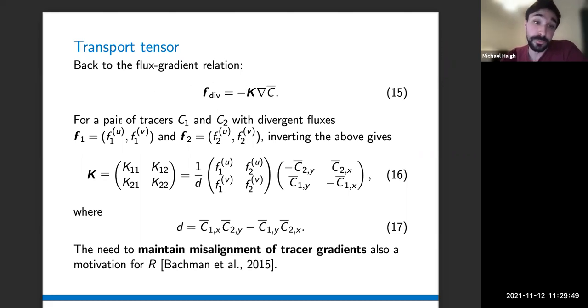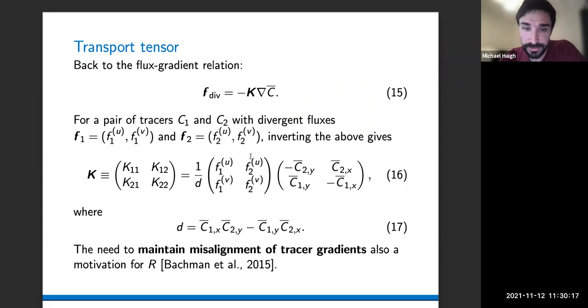To solve this problem, I introduce a second tracer C2, the one which is initialized in our case with the linear meridional gradient. We can compute its divergent flux, just like we can compute the divergent flux for the first tracer. And once we have these two tracers, we can invert equation 15 to get an explicit expression for this transport tensor. And we find that it is the product of two matrices.